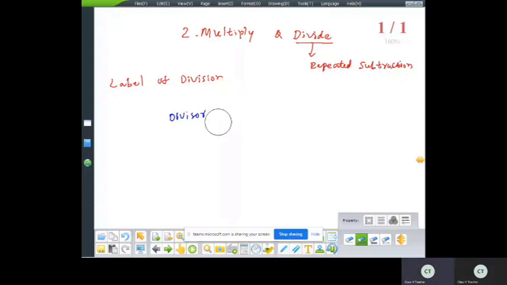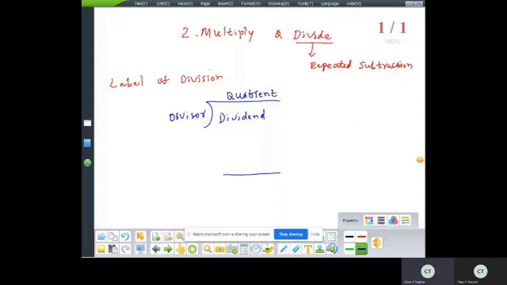This is dividend. Quotient. And this one is called remainder. Labels of division: divisor, dividend, quotient, and remainder. They have a formula.